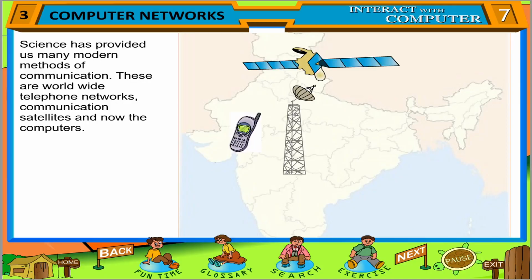Chapter 3: Computer Networks. Science has provided us many modern methods of communication. These are worldwide telephone networks, communication satellites, and now the computers.